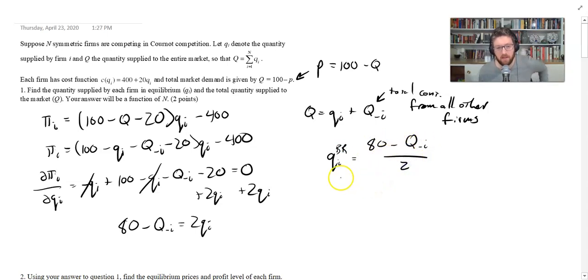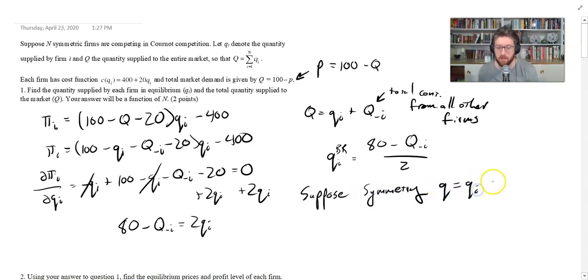Next, we have to find in equilibrium, what's the Nash equilibrium going to be? So we're going to suppose via symmetry, which means all firms are the same, that there's a solution where they all end up doing the same thing. So this is a notation that means qi is going to equal q for all i, so everybody does the same thing. And that means we can plug some things in.